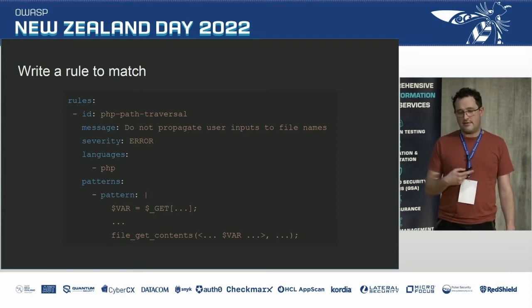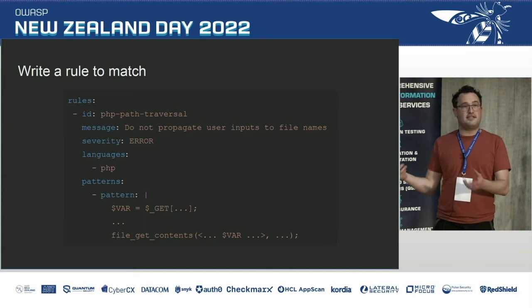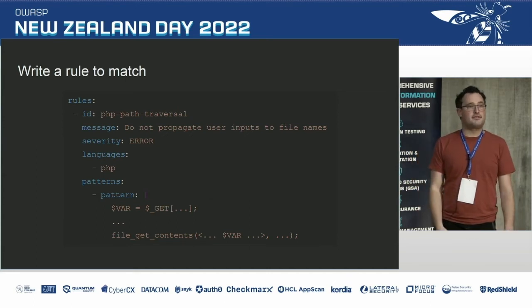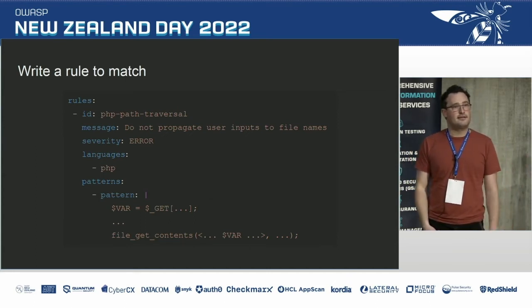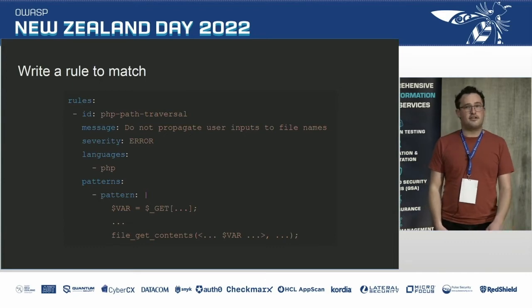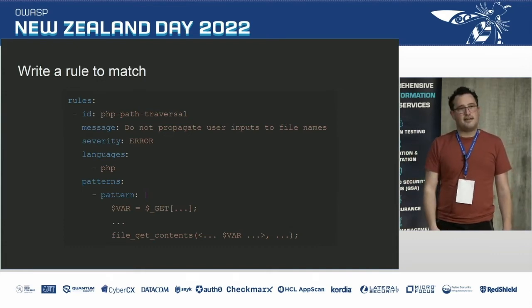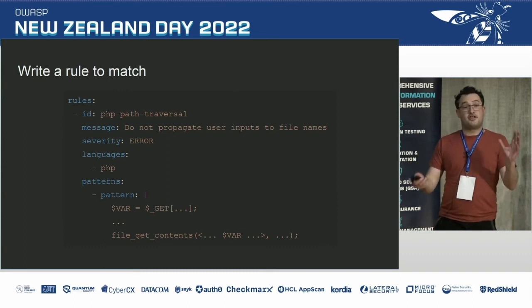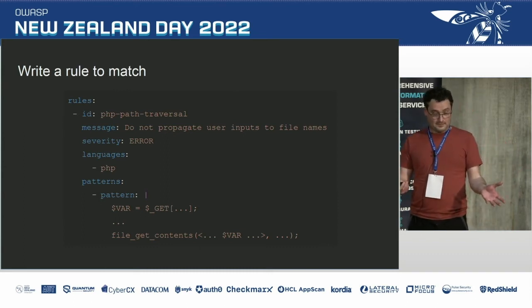So at the top there, we've got $var equals $_GET[...]. I don't care what the parameter is called. The user can control it either way. In the middle, I've got a ... I don't care what code is intervening for the purposes of this match. And at the bottom, I've got file_get_contents, and that weird expression means some expression involving that variable.